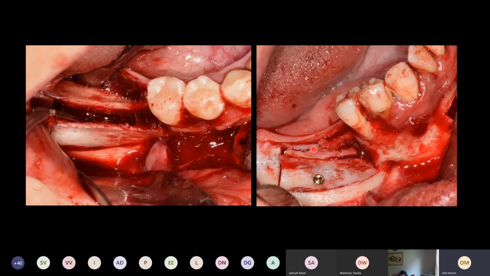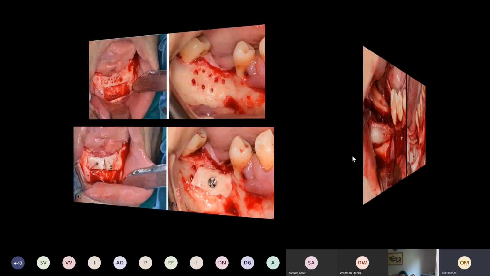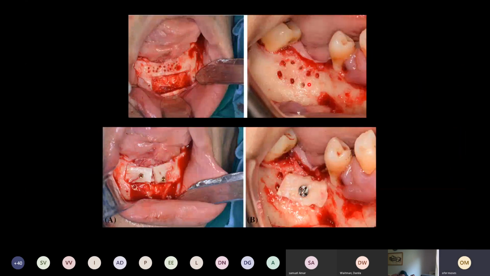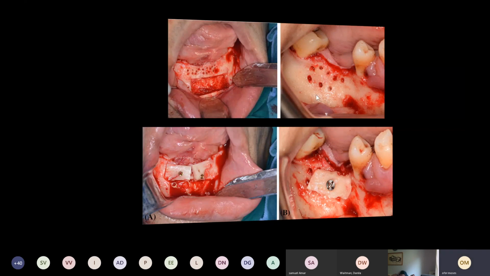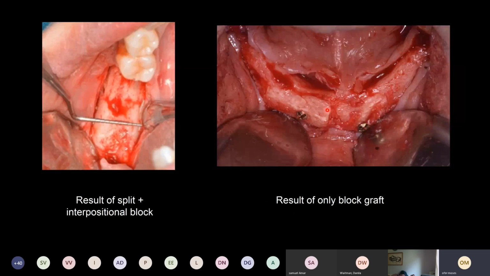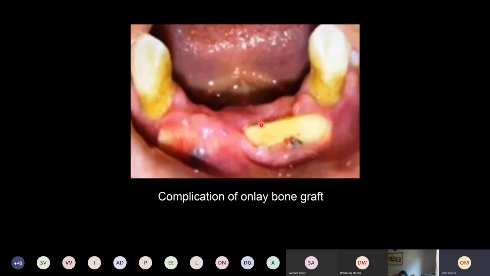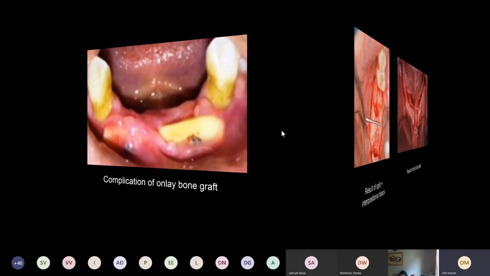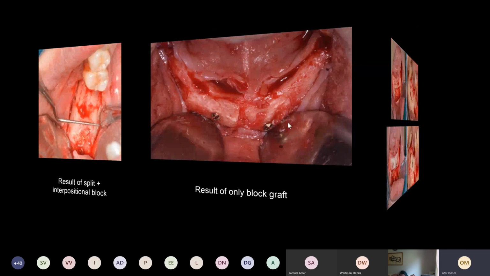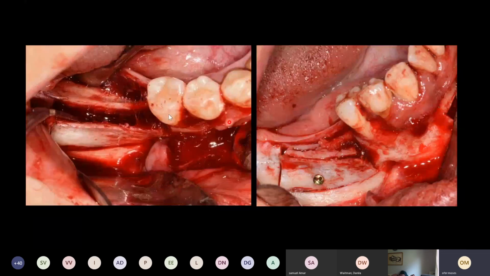This area received an onlay graft. From the other side of the symphysis, a block was harvested and tightened onto this area. And this is the area after healing, the onlay graft, and this is the area of the interpositional graft. By the way, if you use an onlay graft, sometimes you get a perforation of the soft tissue and it becomes necrotic, which will not happen with an interpositional graft, because there is a blood supply from three directions: from the lingual, from the buccal, and from the bottom part.